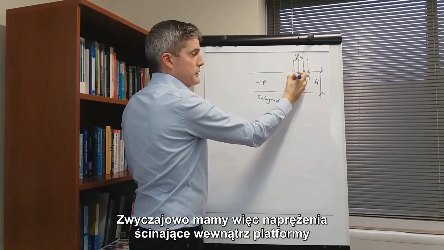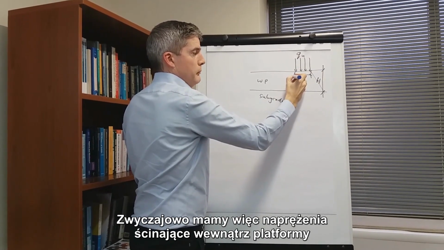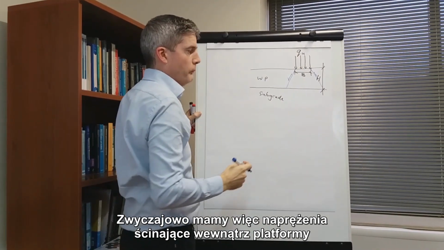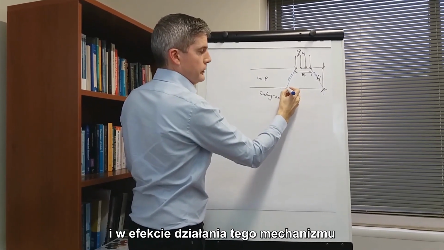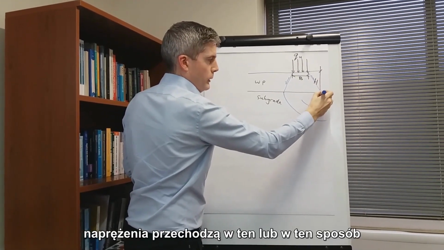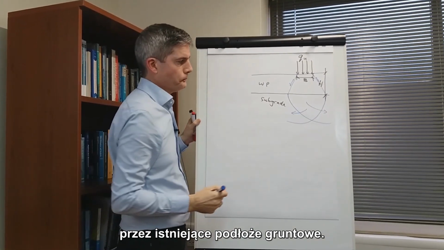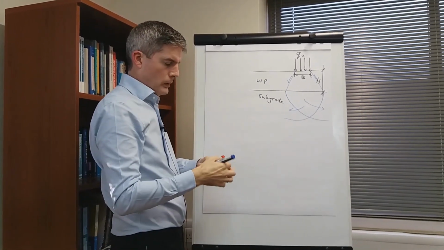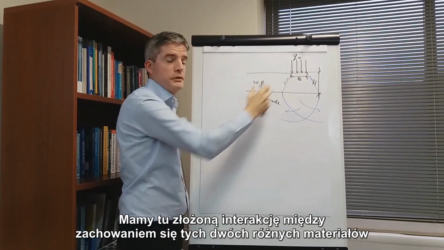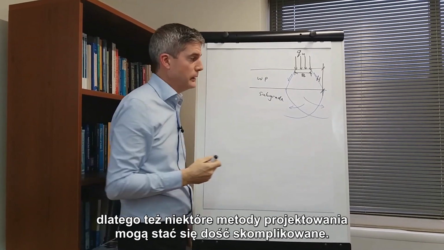At bearing capacity failure, you will usually have punching shear through the platform and then some bearing capacity mechanism that way, or it may go the other way in the subgrade. Now it's a complex interaction between the behavior of the two different materials. That's why some design methods can become rather complicated.